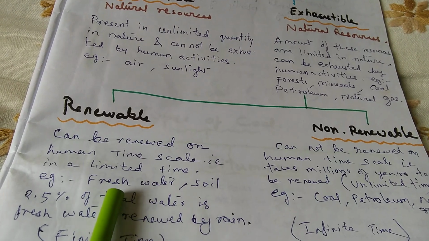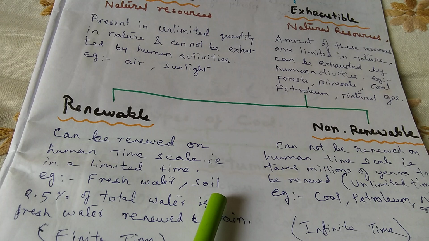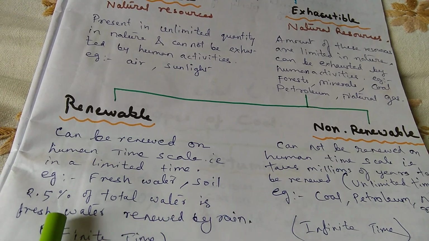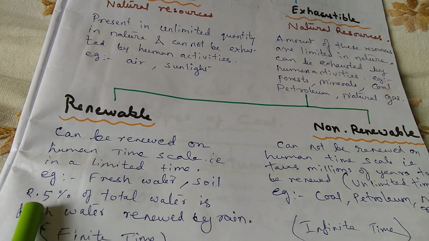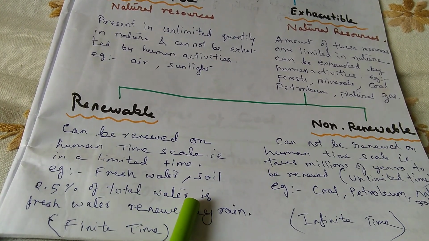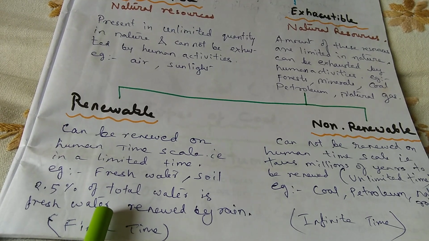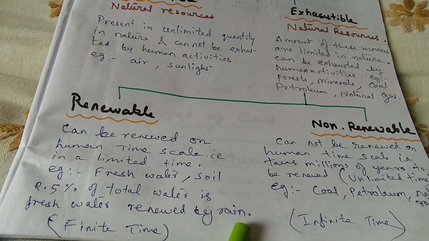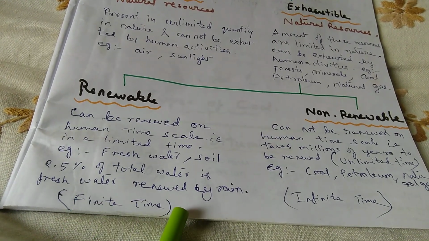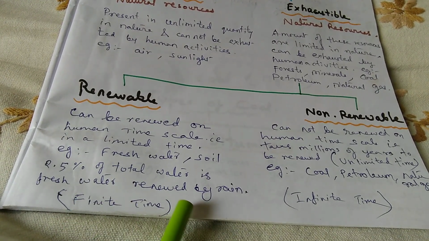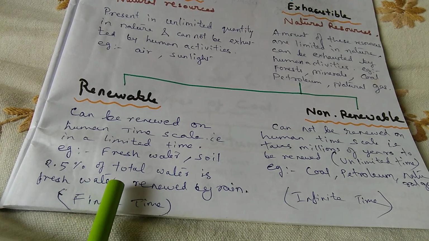For example, fresh water, soil, etc. These are natural resources. They can be renewed after finishing. How? 2.5% of the total water present on our earth is fresh water, and that fresh water can be renewed by rain, in a finite, fixed, limited time. So this fresh water is a renewable resource.